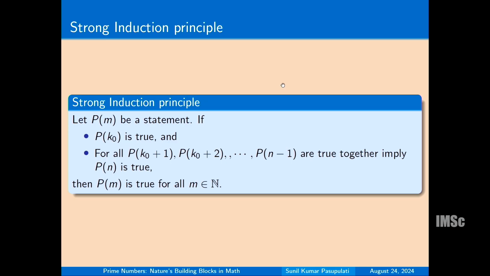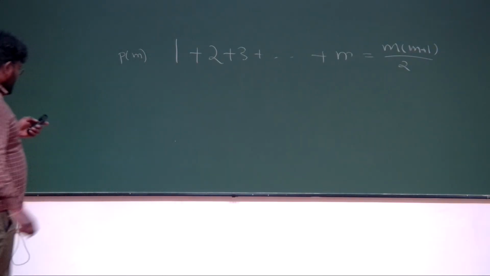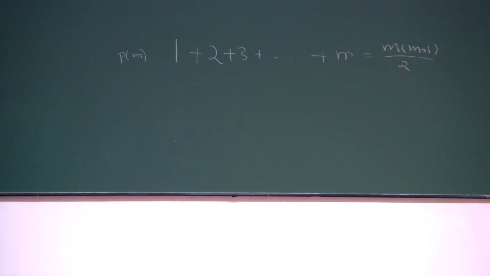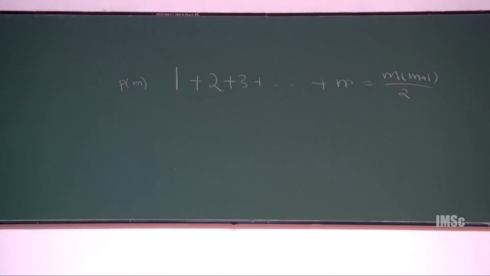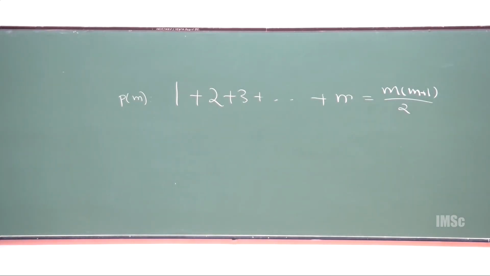Let's say this is my statement. This I call P of m. I'll check whether it is true for the base case, here P of 1. That is true, and similarly I'll assume it up to n minus 1, and I prove that it is true for P of n.